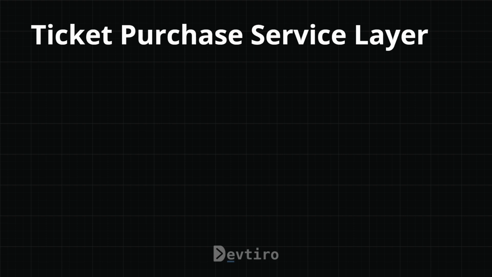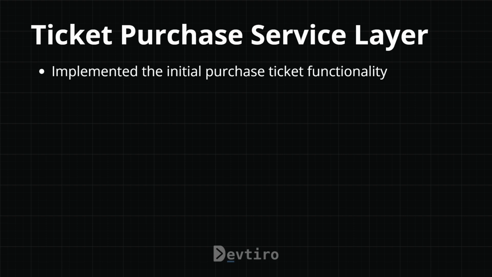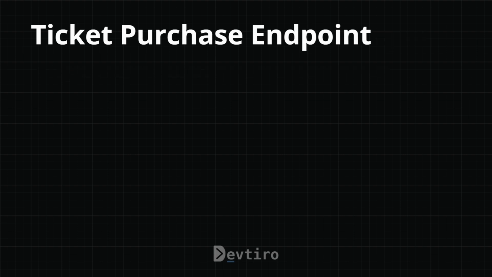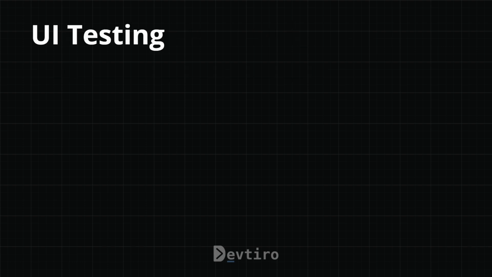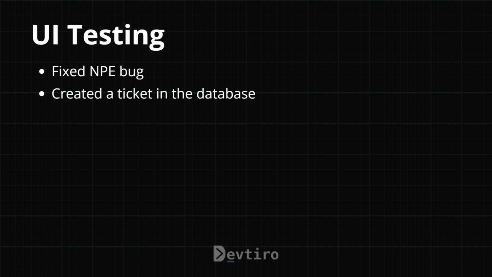In ticket purchase service layer, we implemented the initial purchase ticket functionality. In ticket purchase endpoint, we implemented the purchase ticket endpoint. And in UI testing, we fixed a null pointer exception bug, created a ticket in the database, and created a QR code in the database. We've generated those QR codes, and next time we'll implement the logic to scan them and to validate our tickets.